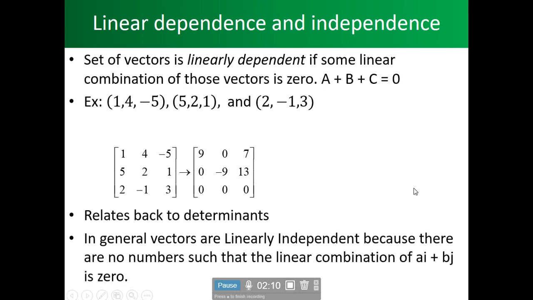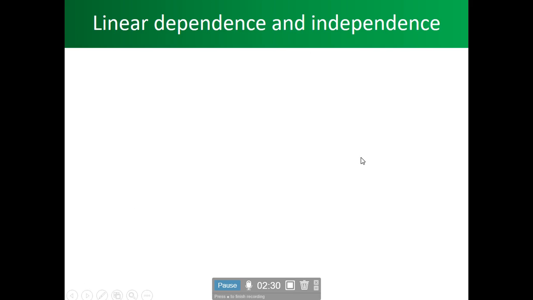In general, vectors are linearly independent because there is no number such that when it's multiplied or added or subtracted to any linear combination, it does not equal 0. And it's just the exact opposite on the other end. It has to equal 0.